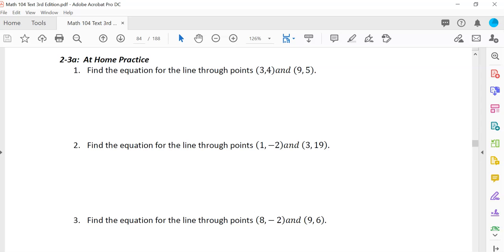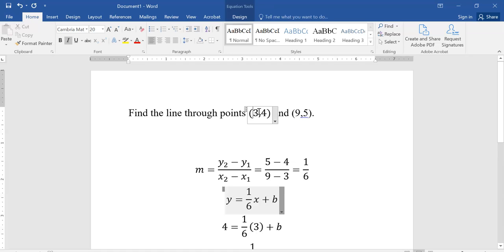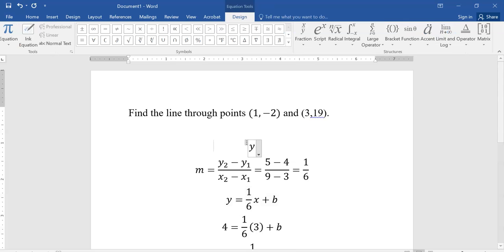So let me go through (1, -2) and (3, 19). Okay, so in the same way, we know we want an equation that's going to end up looking like y equals mx plus b.